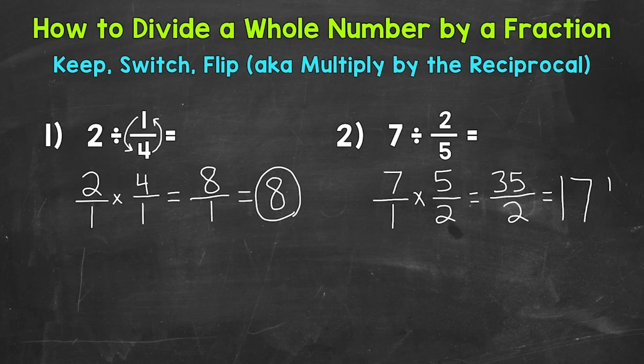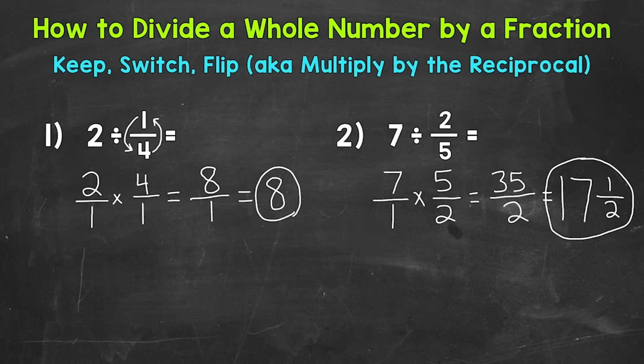So that's our numerator of the fractional part. And then we keep our denominator of 2 the same. So 17 1/2. Always look to see if you can simplify the fractional part. 1/2 is in simplest form. So we are done. Our final answer, 17 1/2. So there's how to divide a whole number by a fraction.